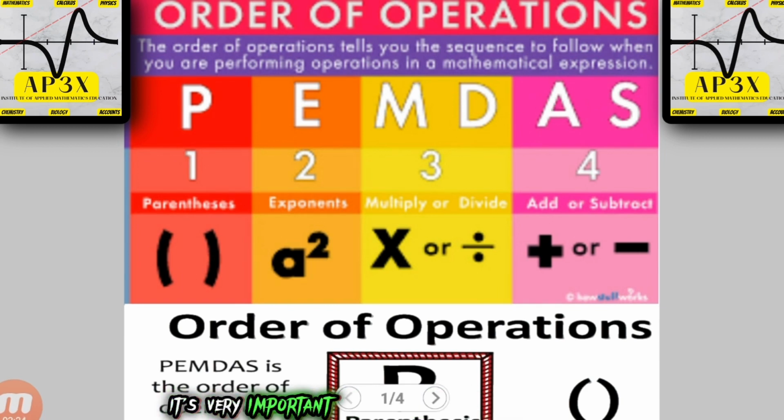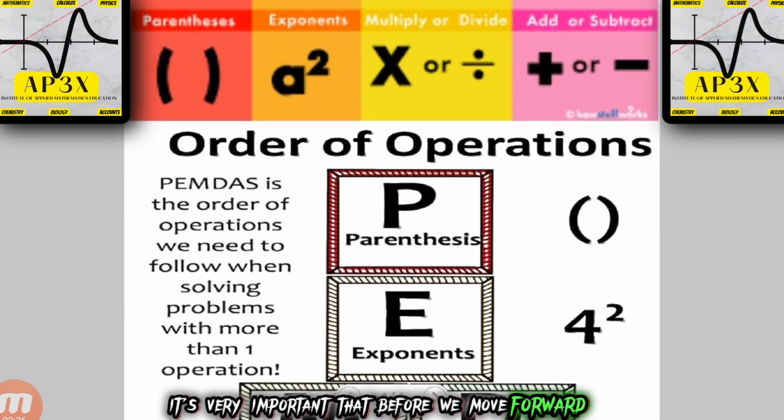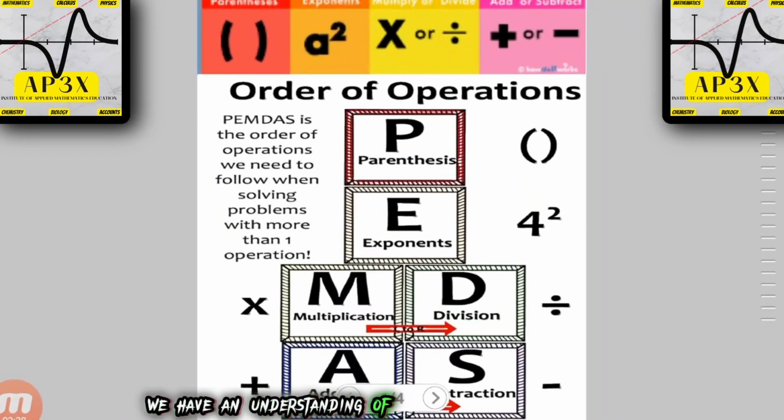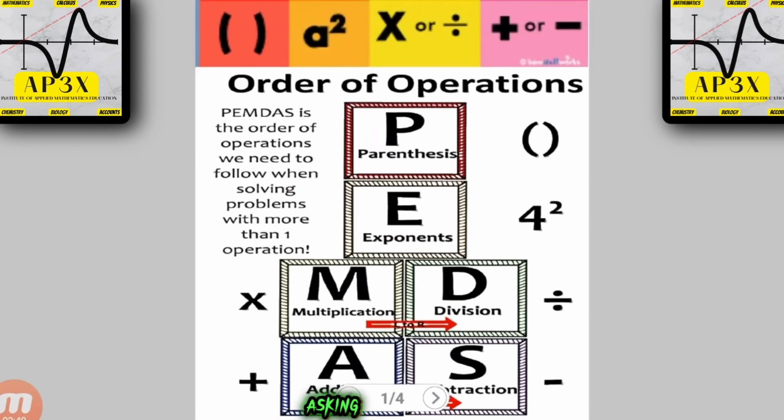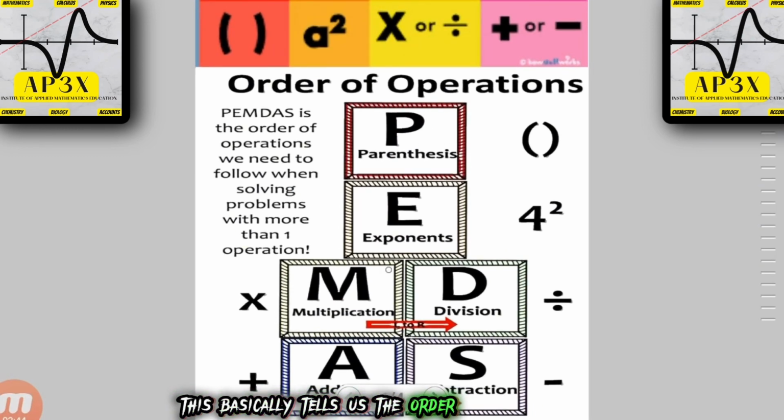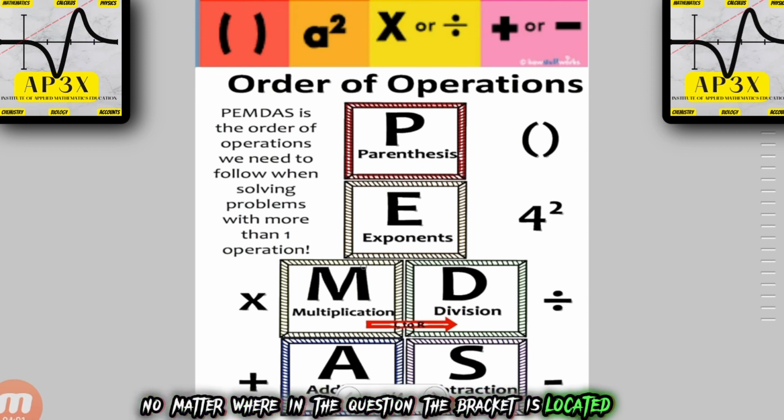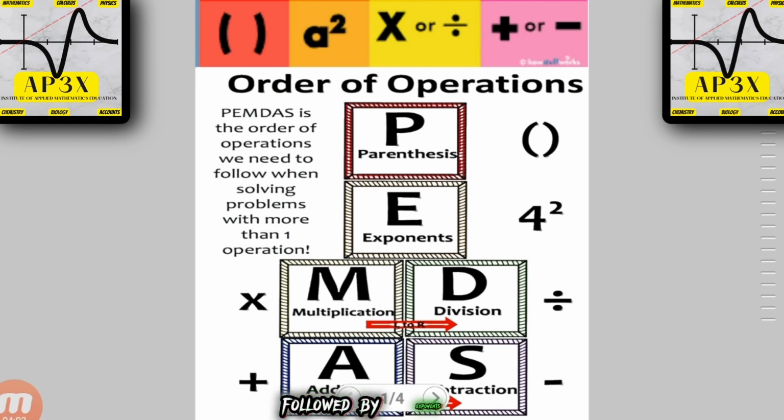Now, it's very important that before we move forward, we have an understanding of what PEMDAS is actually asking us to do. So this basically tells us the order in which the operations must be done, and therefore any operation that involves a bracket, we must complete the operation that is within the bracket, no matter where in the question the bracket is located, followed by exponents.